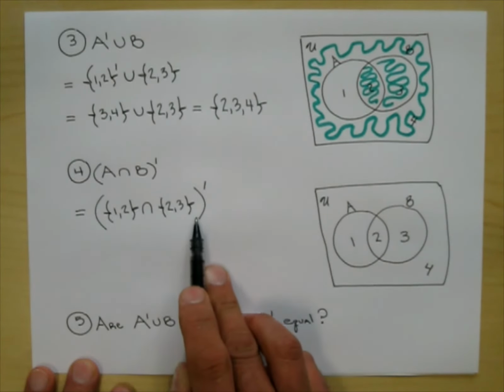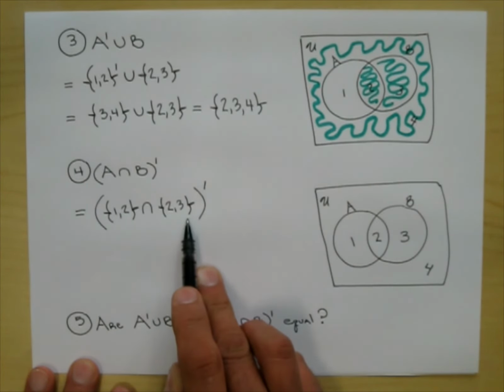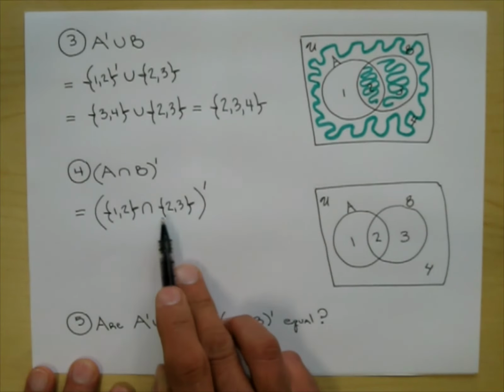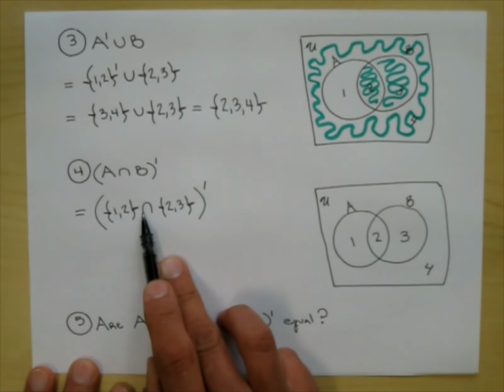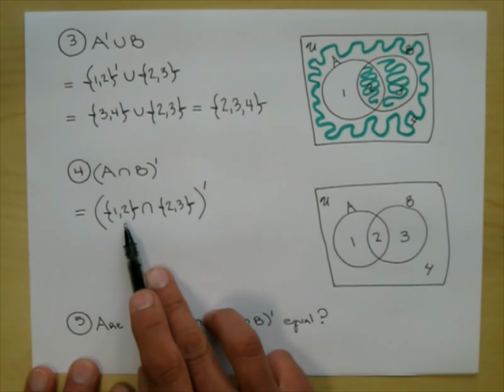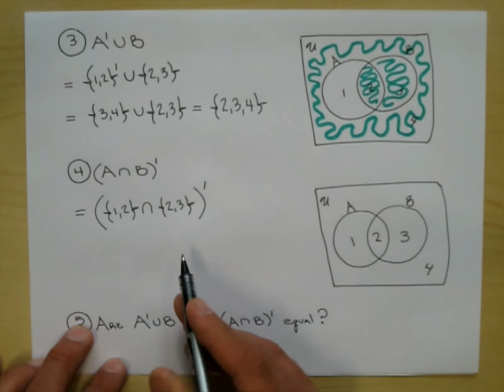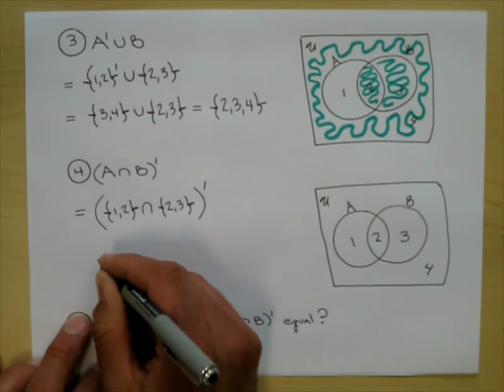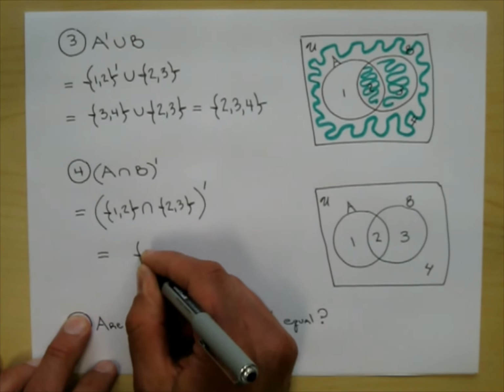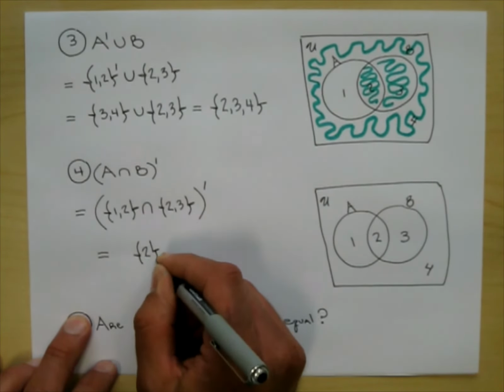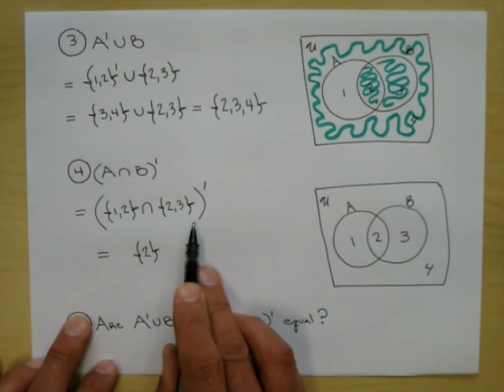So I'm going to do the parentheses first and see what I end up getting. So here's the claw, the common elements of 1, 2, and 2, 3, or the and. What do you see in the first set and in the second set? And what you see is just 2. Okay, so that's what the parentheses become.